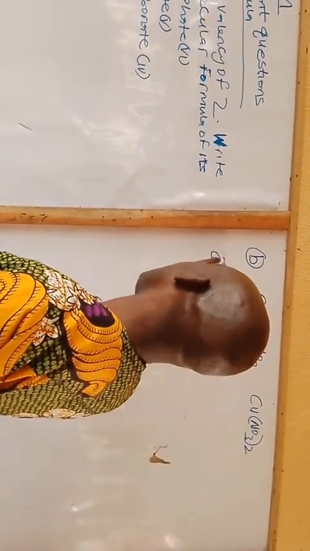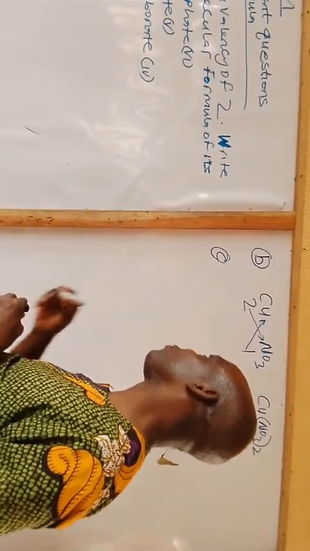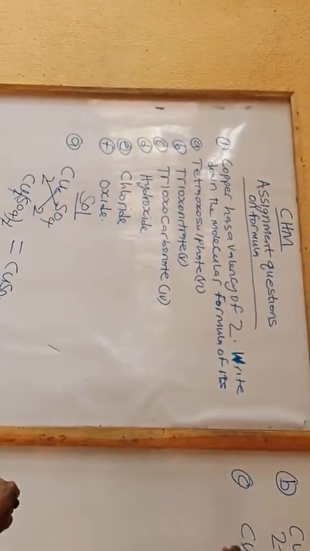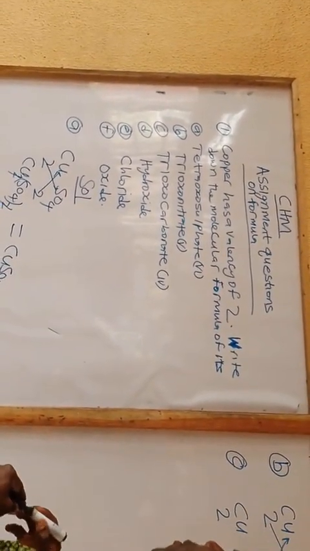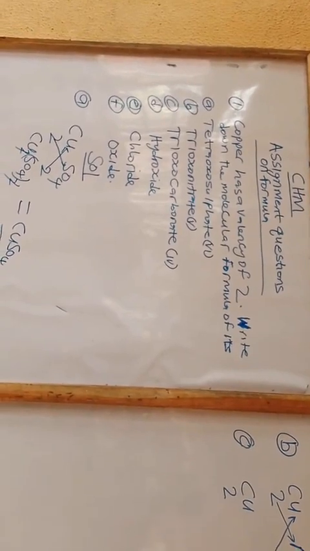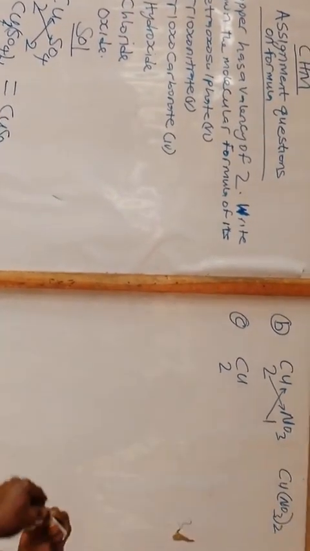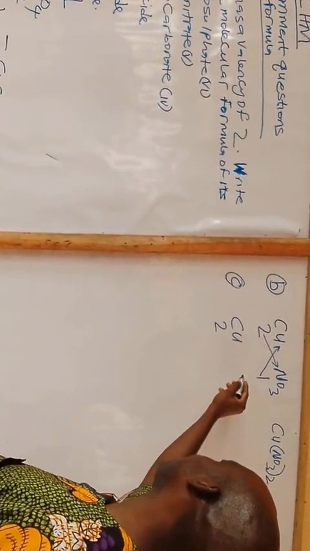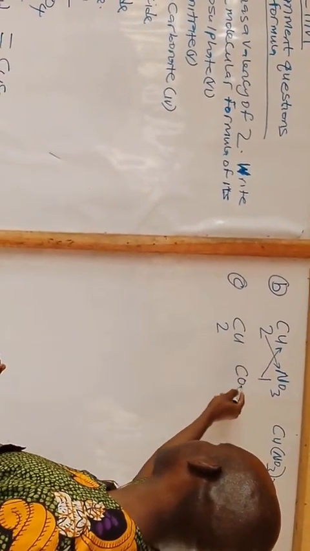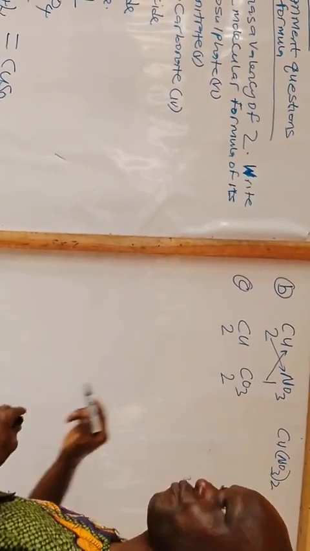C. See, copper has a valency of 2, so Cu is still 2. Write down the molecular formula of trioxocarbonate 4. In our previous classes, we already established that trioxocarbonate 4 is CO3 and has a valency of 2.